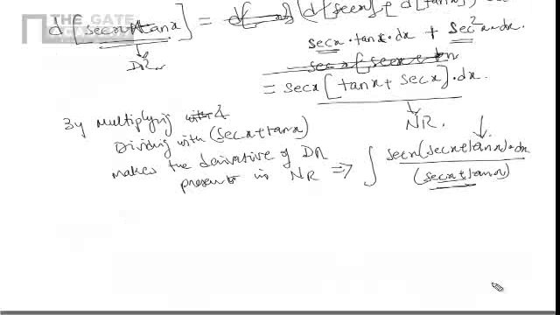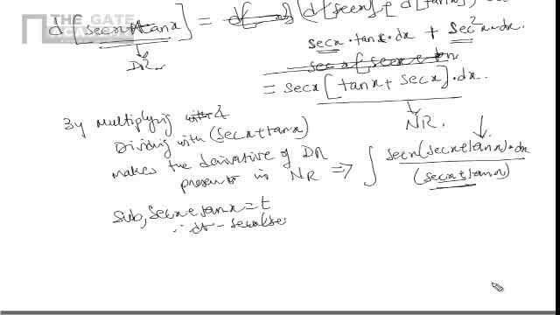So I can substitute secant x plus tan x as t. Therefore dt will be sec x into sec x plus tan x dx. By this substitution, I will get the integral of dt by t.